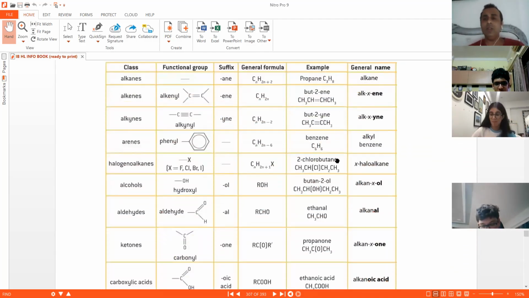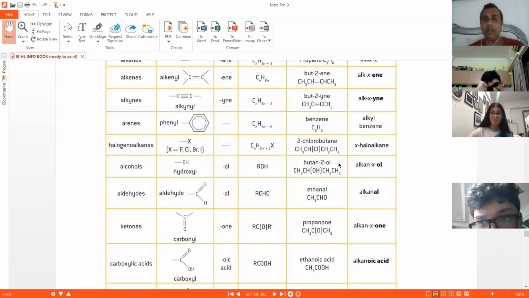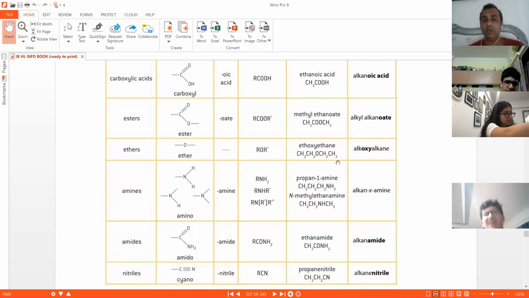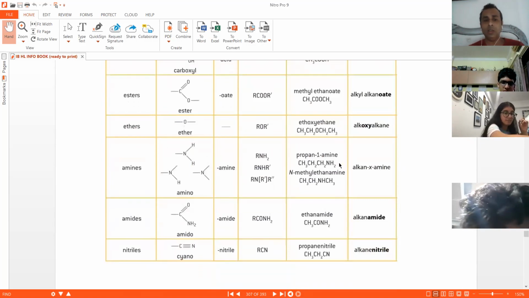Okay, this entire table you need to just learn. Okay, I will tell you what is what. We will go through this once, but this entire table, it's important, it's necessary that you know this. Okay, so Reni, you wanted to know how many homologous series? Count.